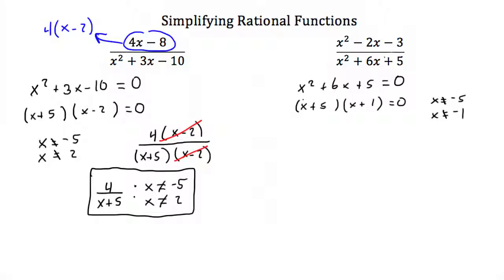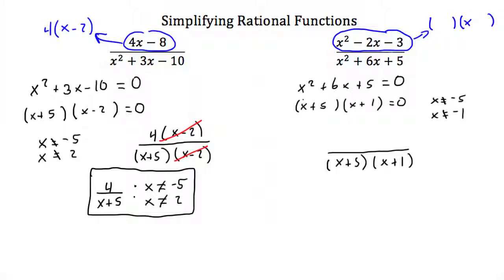Now again, I'm going to leave my denominator in its factored form. So I'll have x plus 5 times x plus 1 in the denominator. And I'm going to have to factor my numerator. This will factor into x minus 3 and x plus 1. So if I write that in as my numerator, I have x plus 1 times x minus 3.